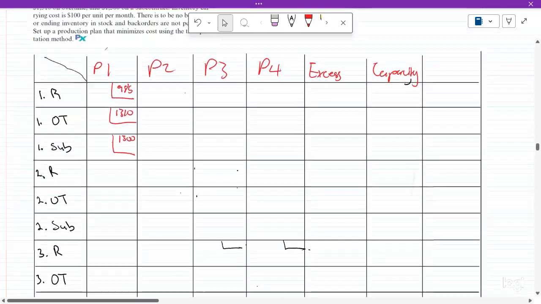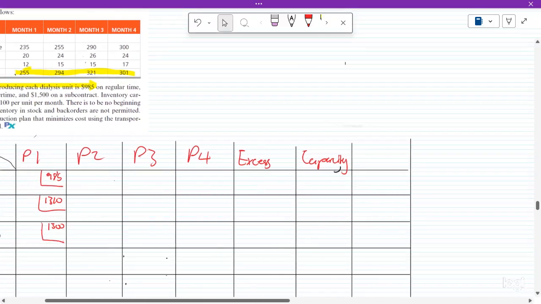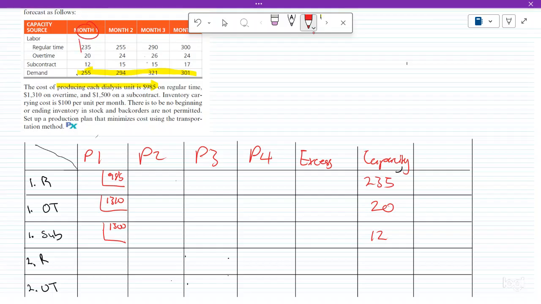But now I'm going to do the capacity as we did. So the capacity goes like this. 235, 20, and then 12. Sorry, I'm saying something and I'm doing something. So you need to make sure that for month 1 it corresponds every time with the data, like your overtime, whatever stuff, they must always correspond.